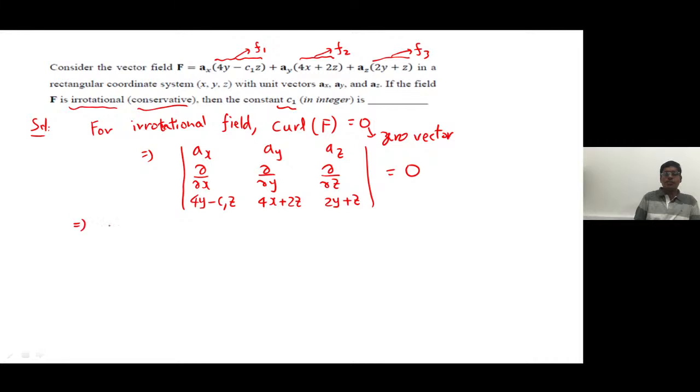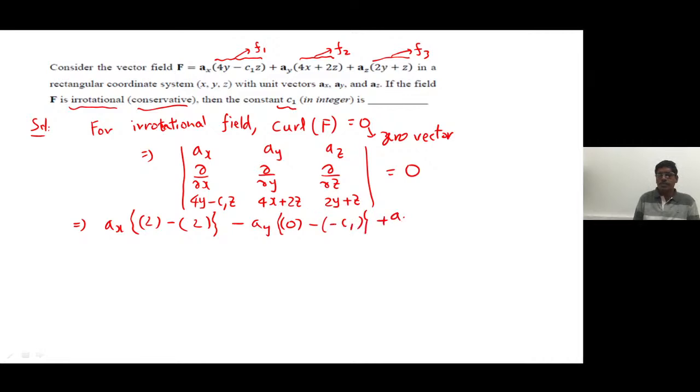So expanding the 3 by 3 determinant: ax into, deleting first row first column, dou by dou y of 2y plus z, the partial derivative with respect to y is 2, minus dou by dou z of 4x plus 2z, the derivative is 2, 4x gives 0. Minus ay into, deleting second column first row, dou by dou x of 2y plus z is 0, both are constant, minus dou by dou z of 4y minus c1z, 4y gives 0, z derivative is 1, simplifies to minus c1.